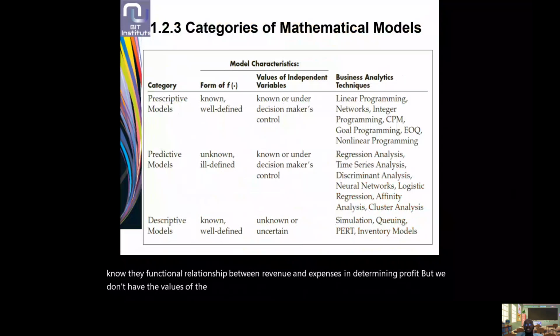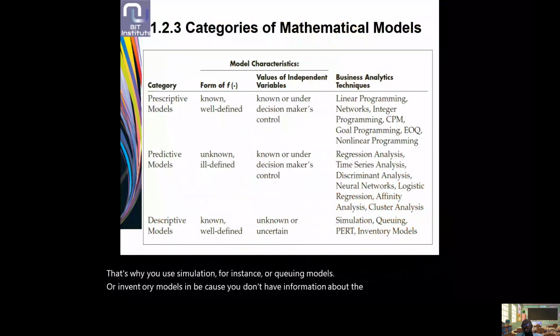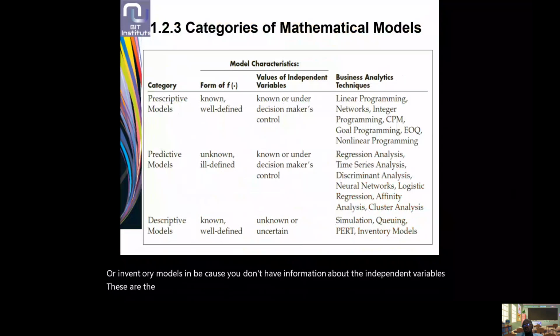That's why you use simulation, for instance, or queuing models, or inventory models, because you don't have information about the independent variables. These are the major categories of mathematical models that you find in business analytics.